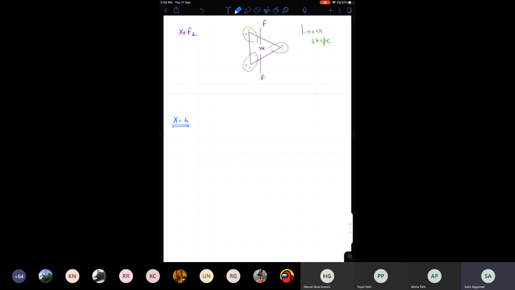Where is x equal to 6? It can be 6 plus 0, 5 plus 1, 4 plus 2. This will be octahedral. This will be square pyramidal. And this will be square planar.